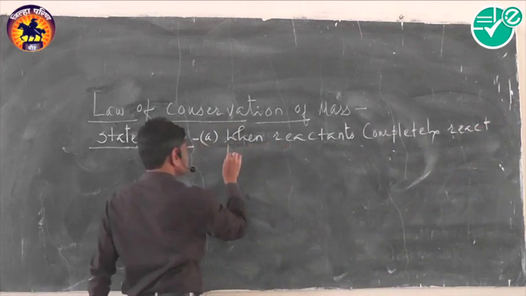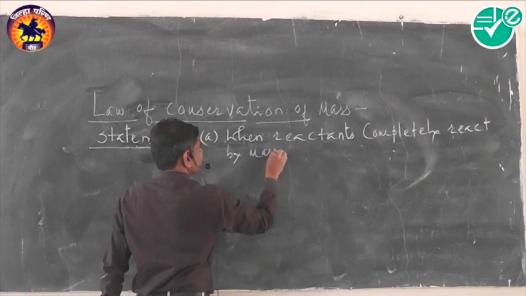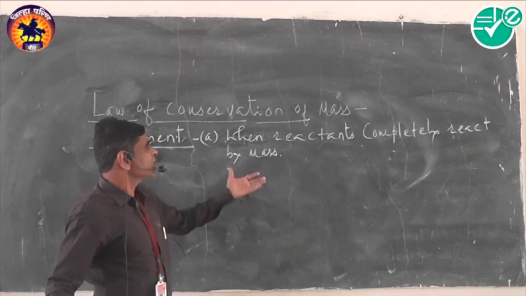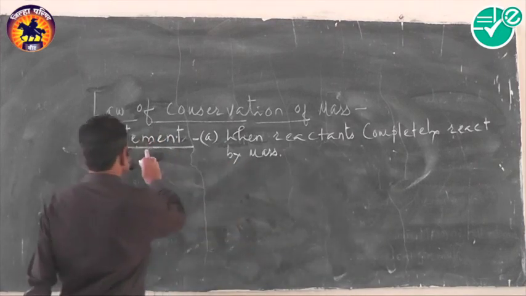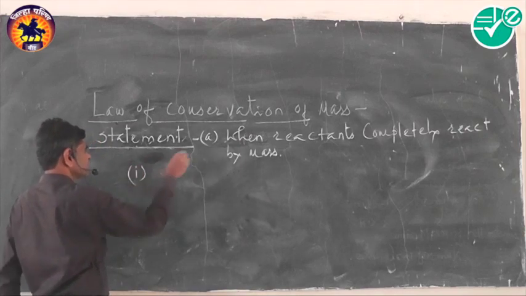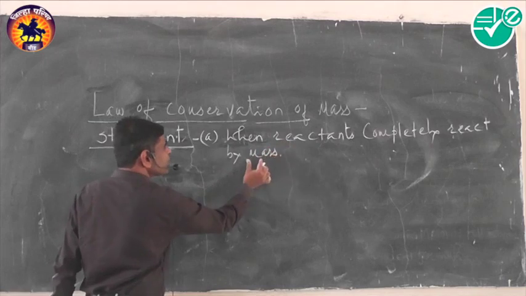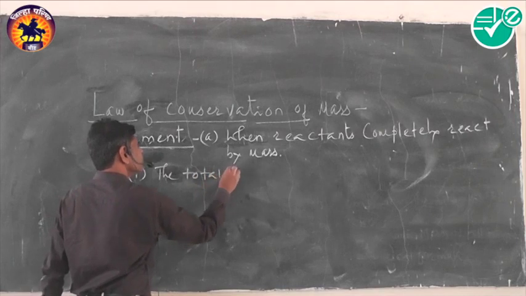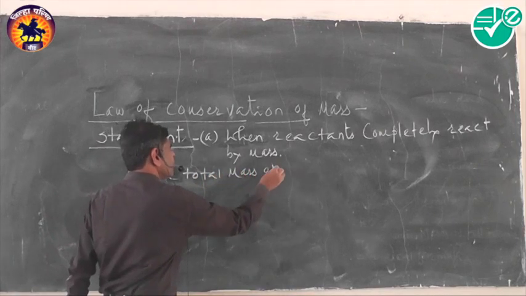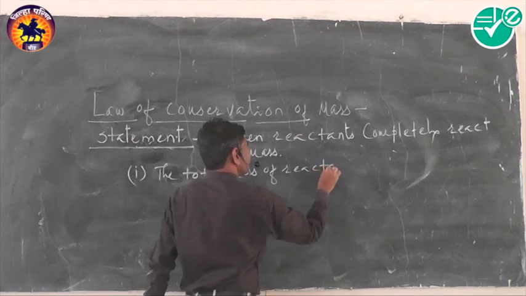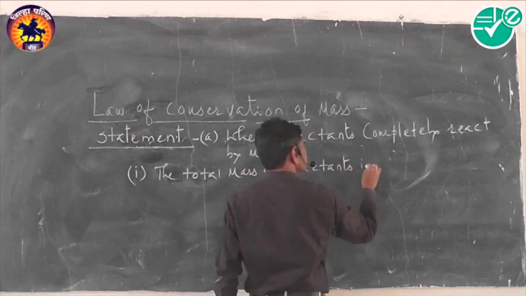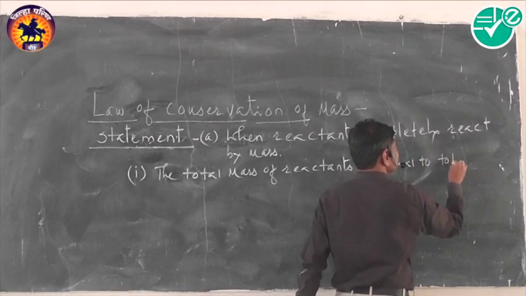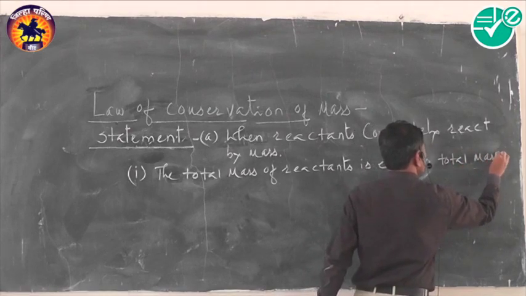Then the first statement of the law of conservation of mass is that the total mass of reactants is equal to the total mass of product.